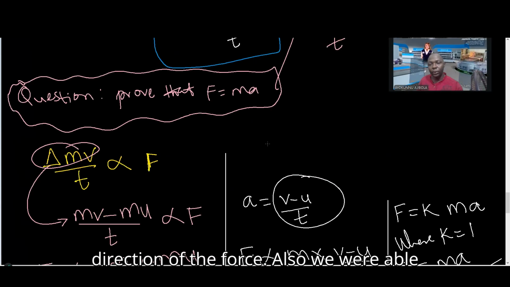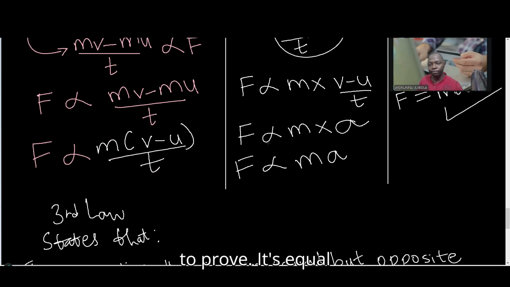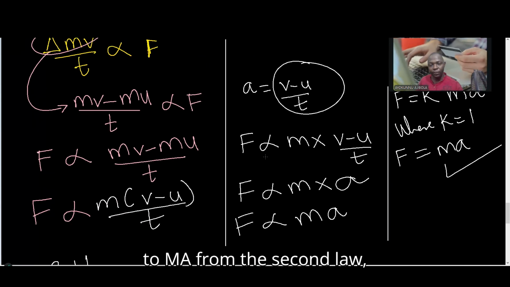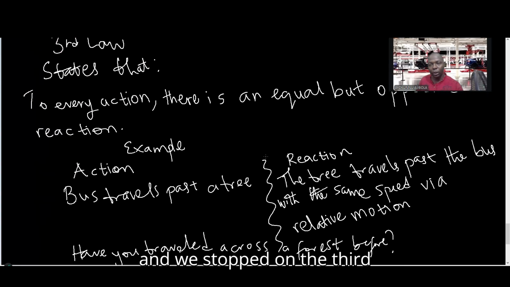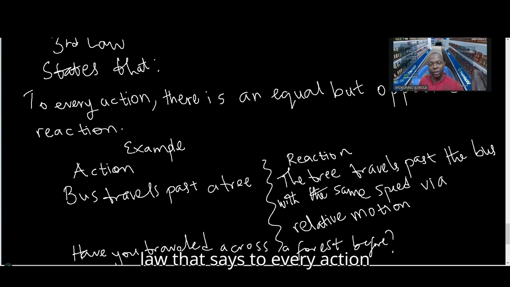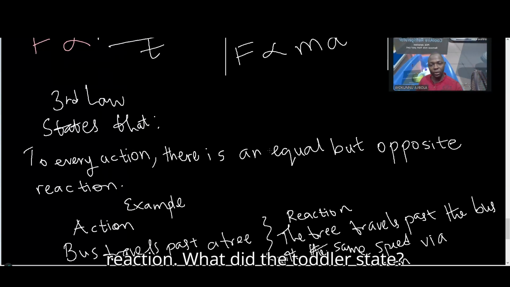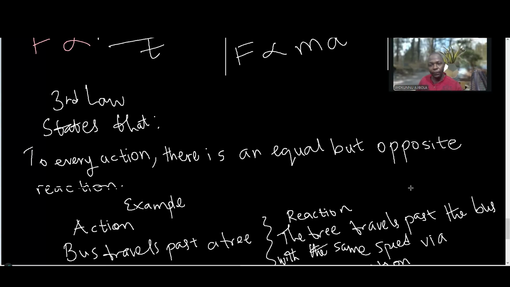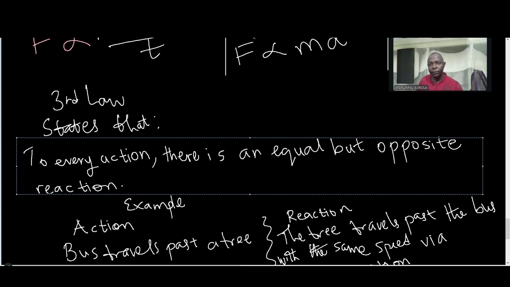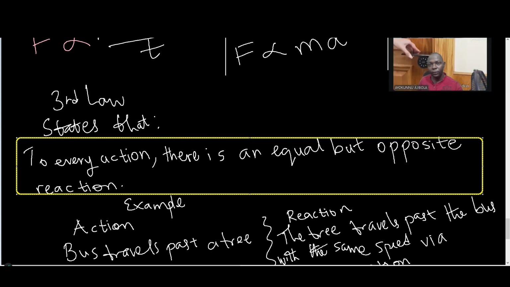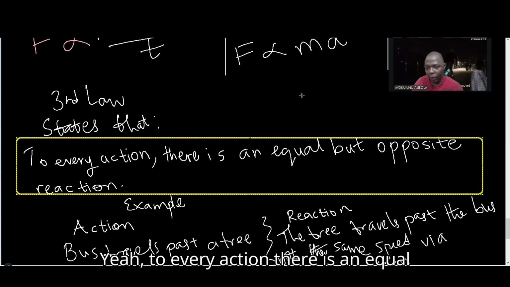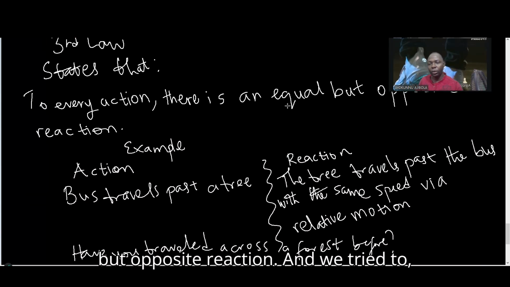Also, we were able to prove F equal to ma from the second law, and we stopped on the third law that says to every action there is an equal but opposite reaction. What did the third law state? Yeah, to every action, there is an equal but opposite reaction.